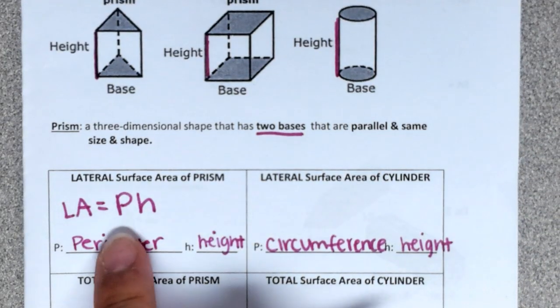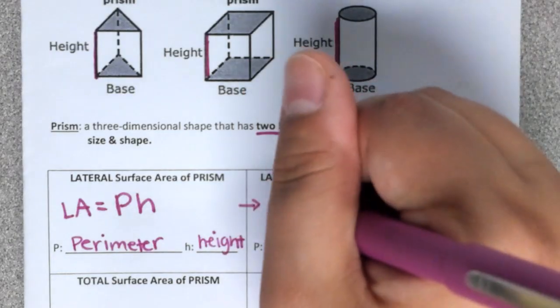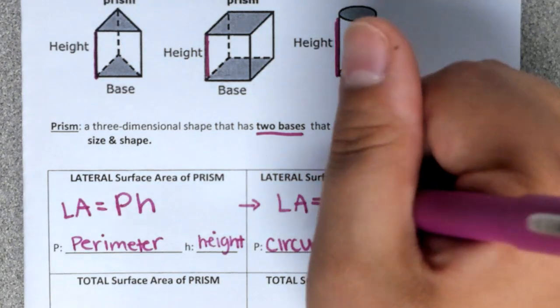So instead of saying LA equals PH, it does, but does anybody remember the formula for circumference? Oh, come on, we learned this in middle school. C equals, take a guess.